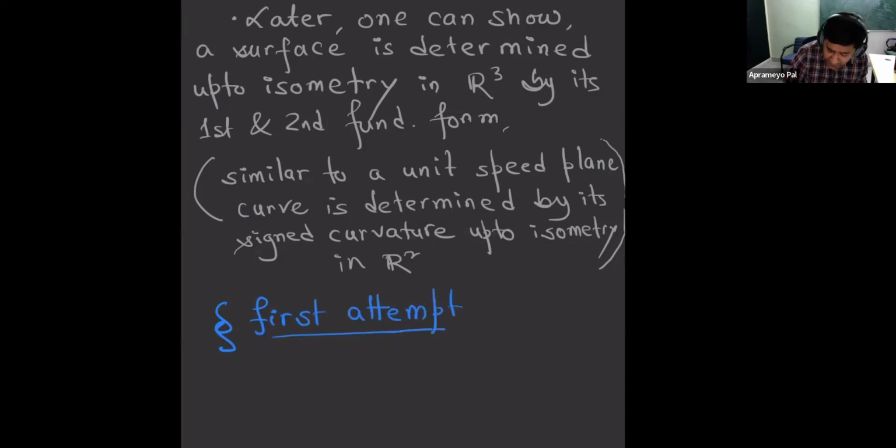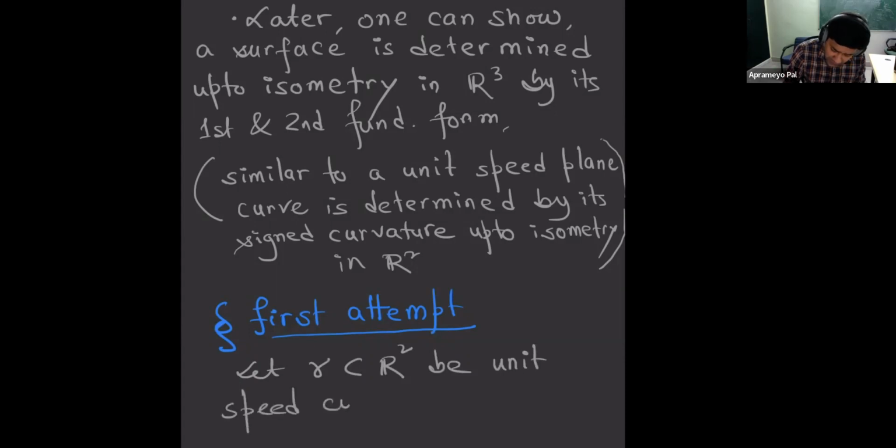I will again mimic the construction of how it happened in the case of a unit speed curve. Okay. So if you recall, how was the curvature of a curve defined, right? Let gamma in R2 be a unit speed curve.